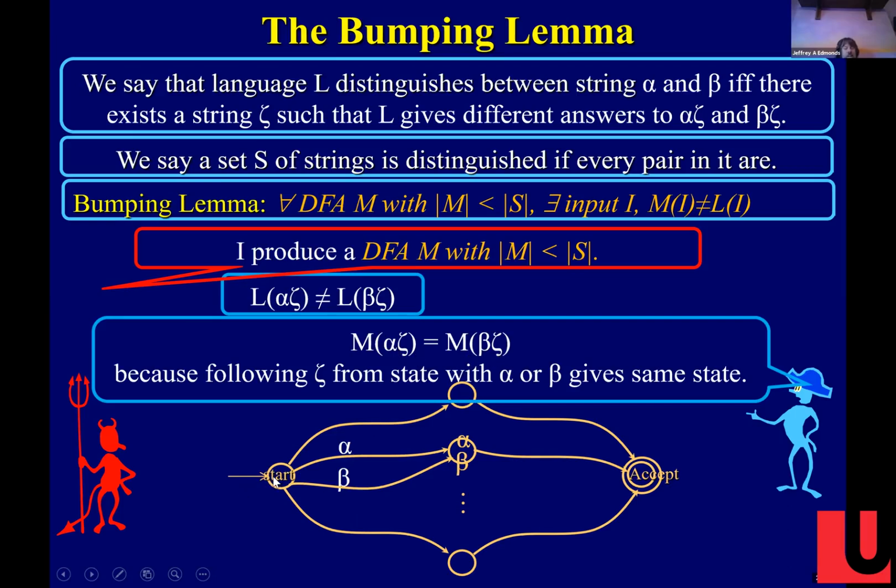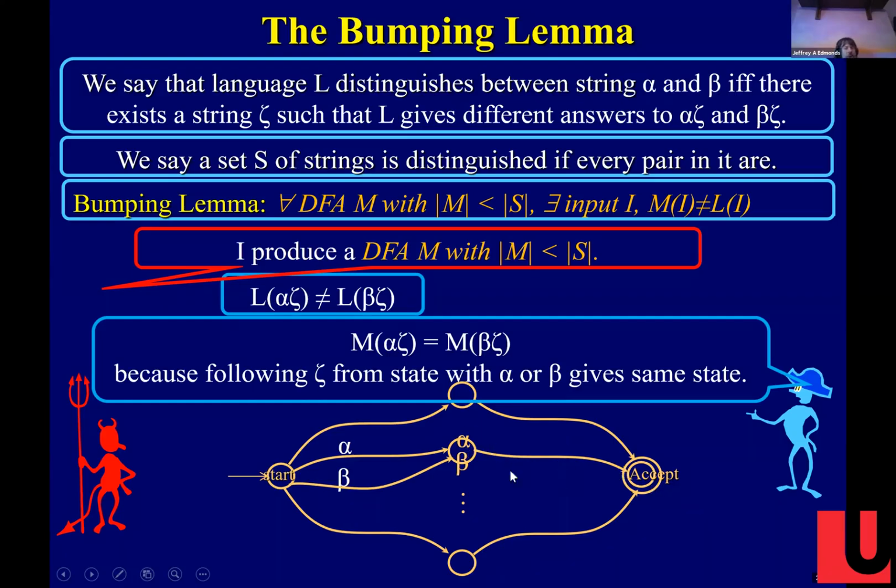Why? Because you start at the start state, you read alpha, and you end up somewhere. You read beta, and you get to the same state. Now, from this state, reading zeta gets you somewhere.